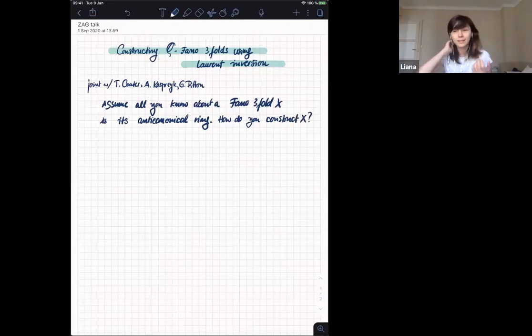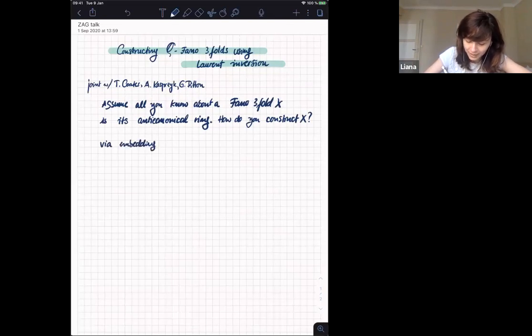Okay, well, the most basic thing that you will think about when you start looking at this problem is to use embeddings. So the easiest embedding is the one via the multiple of the anti-canonical linear system that is very ample. So we've already seen this.